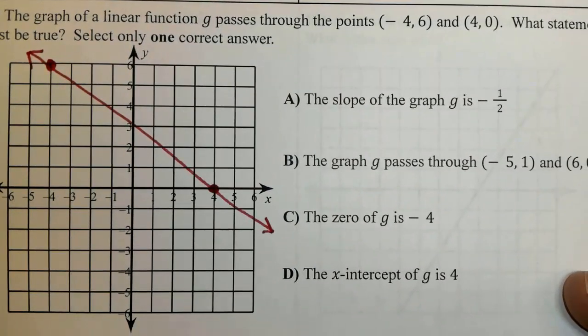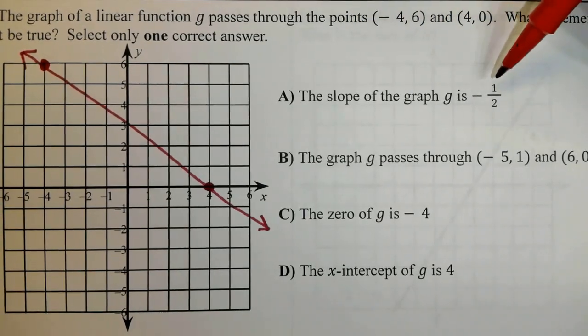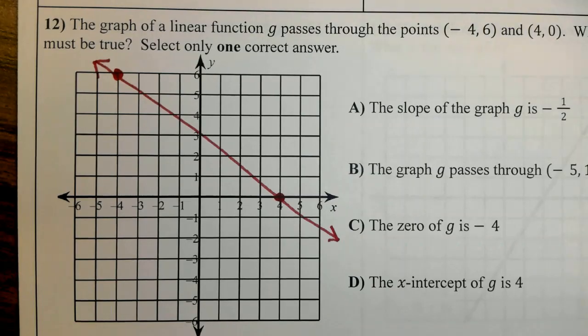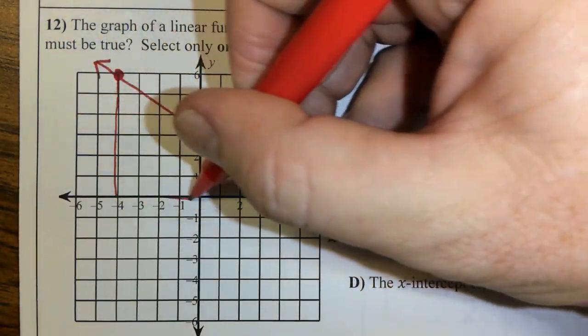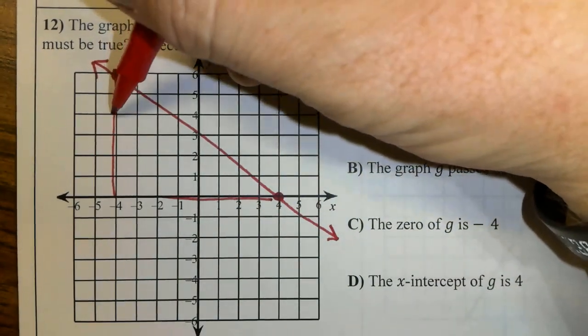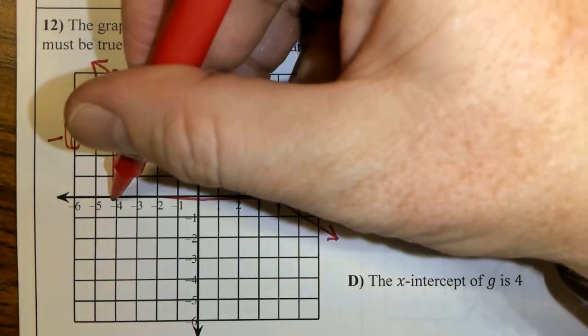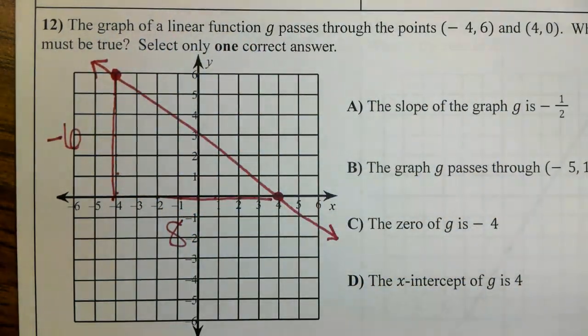Okay, I want to find out which one of these answers is right. That means 3 of them are not, obviously, right? Okay, so the slope of the graph is -1/2. Well, let's see. Slope, if I go from here to here, look, I go down and over, okay? So I go down 1, 2, 3, 4, 5, 6, so negative 6, over 1, 2, 3, 4, 5, 6, 7, 8.